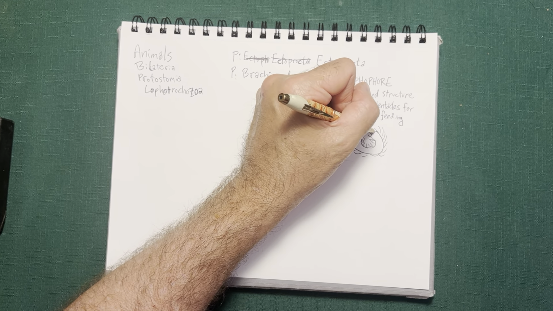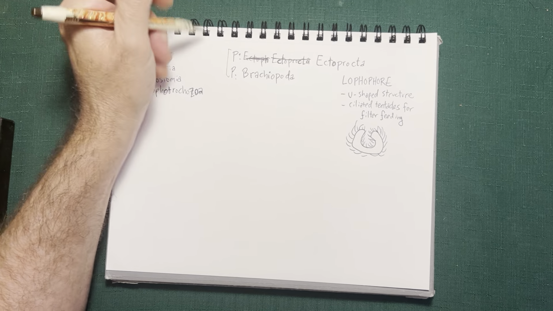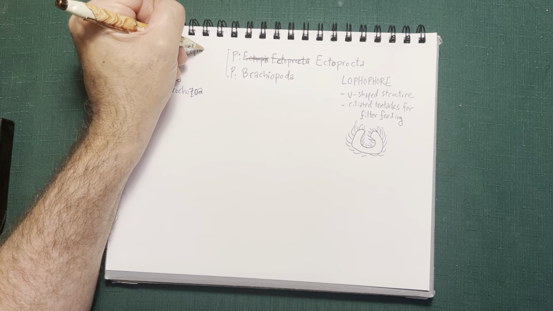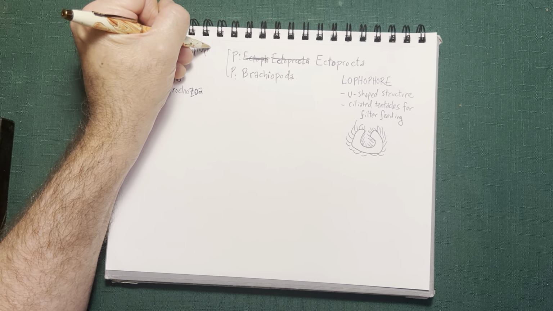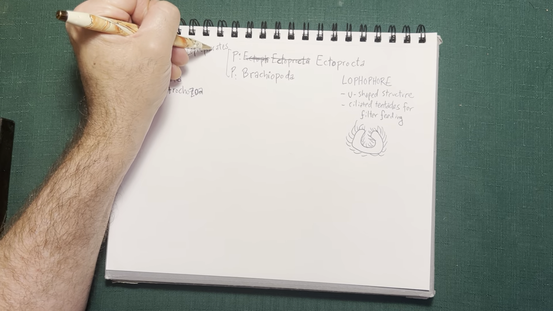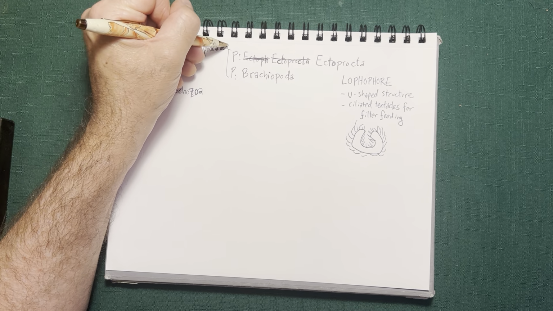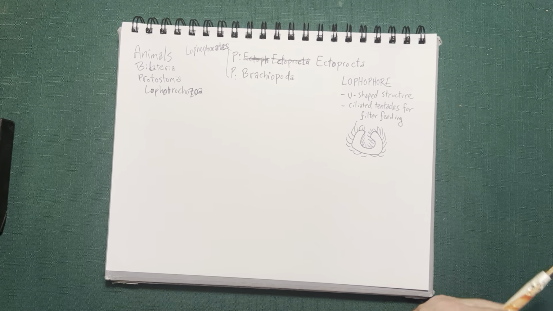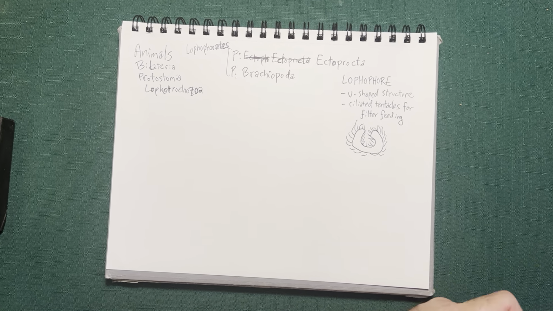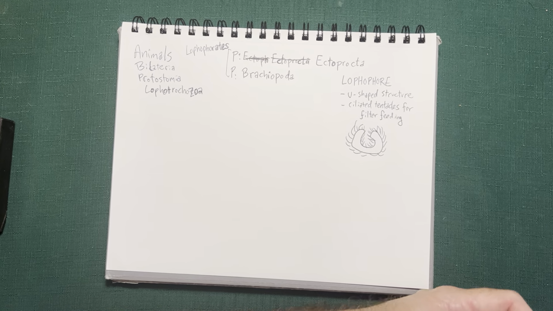So why are lophophorates important? It goes back to, well, why is there such a thing as the Lophophorates? Why was that described as being a group of organisms when the thing that seems to unite them is that they are protostomes, but they don't molt?